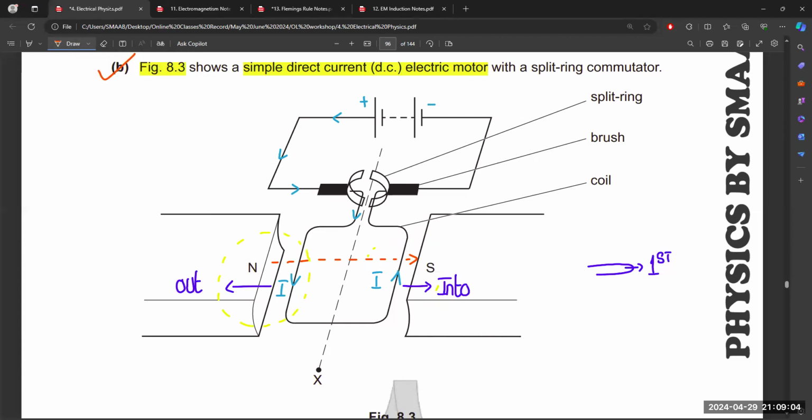First finger is towards the right hand side, second finger is out of the paper, like second finger is pointing towards us.